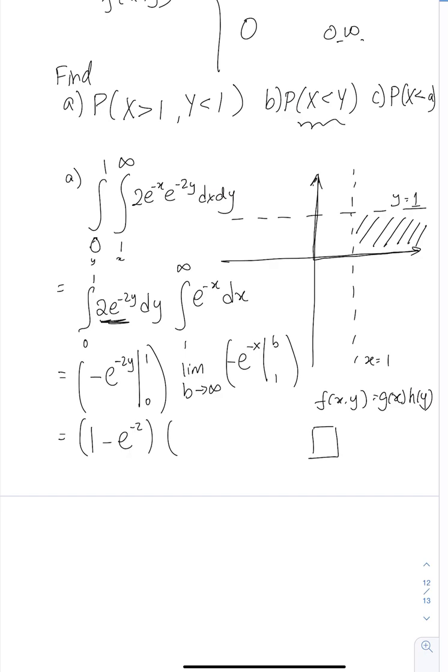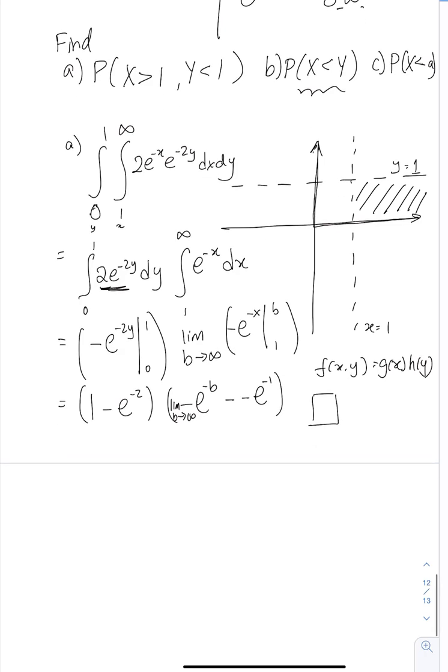So this will be the limit as b goes to infinity of minus e to the minus b, minus minus e to the minus 1. And what will that be? 1 minus e to the negative 2. This one is 0, and this is just e to the negative 1.